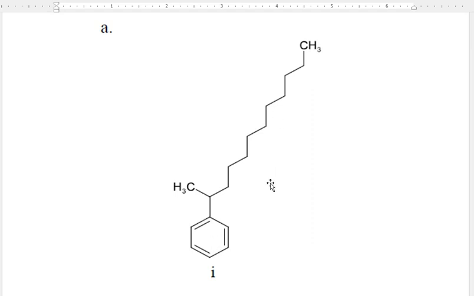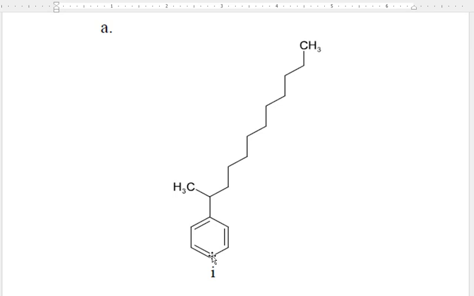If we didn't have double bonds, we know that is cyclo. How many do we have? We have 1, 2, 3, 4, 5, 6. So it's cyclohexane. But since it has a ring with 3 double bonds there, it's not cyclohexane. It's called a benzene. Okay, so this is called a benzene.